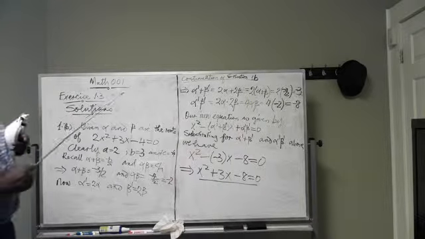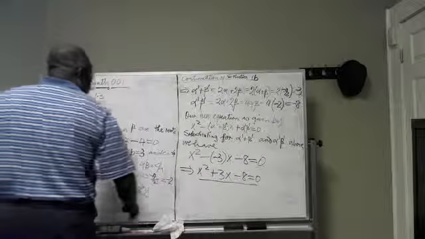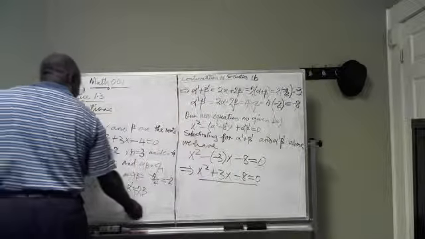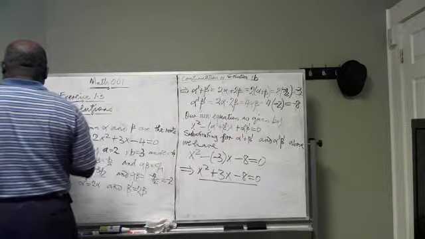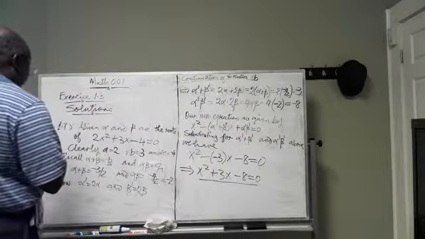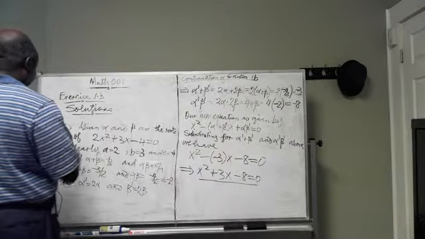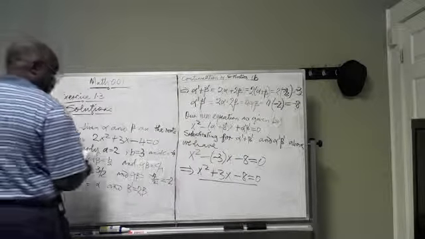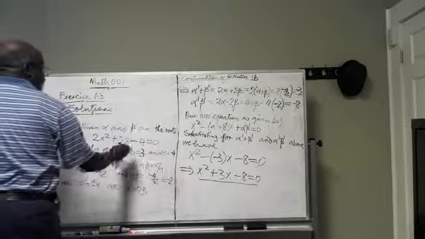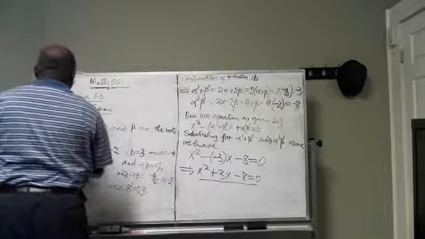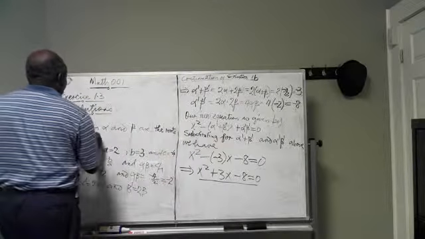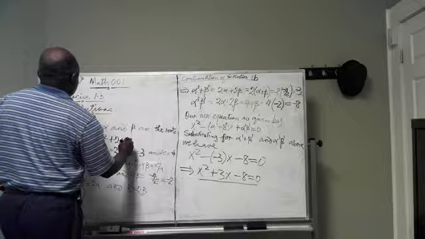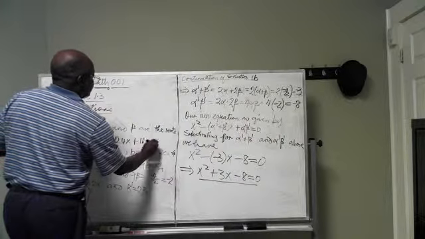Now let's do example 1C. Given 9x squared plus 24x plus 16 equals 0.